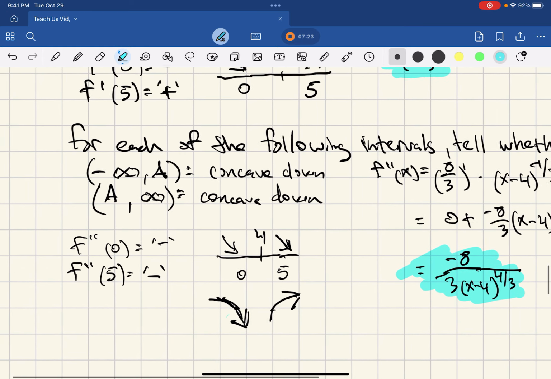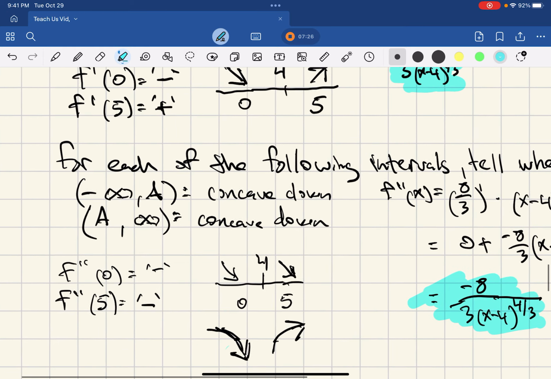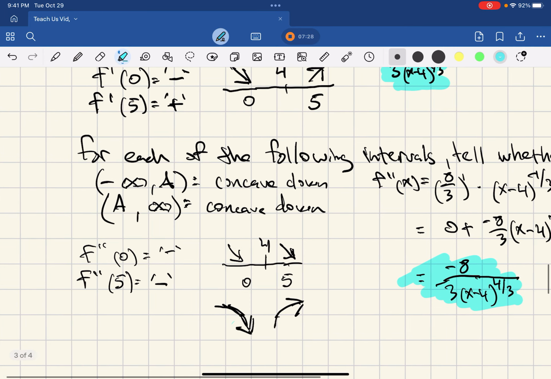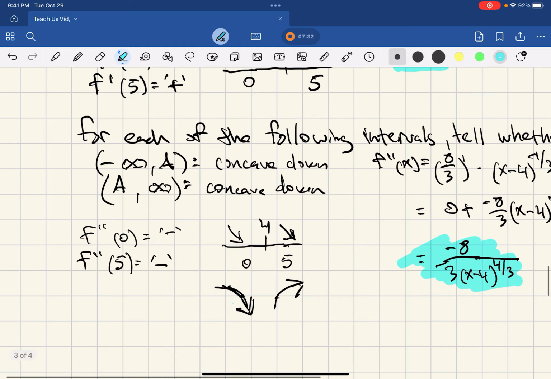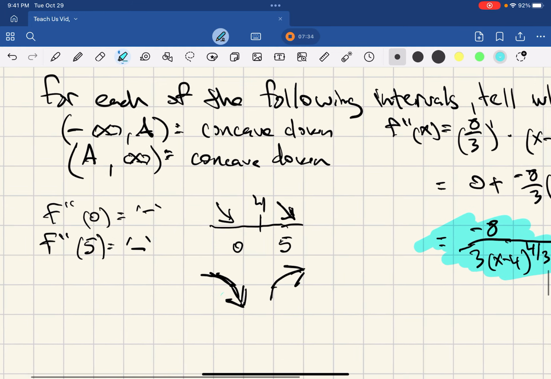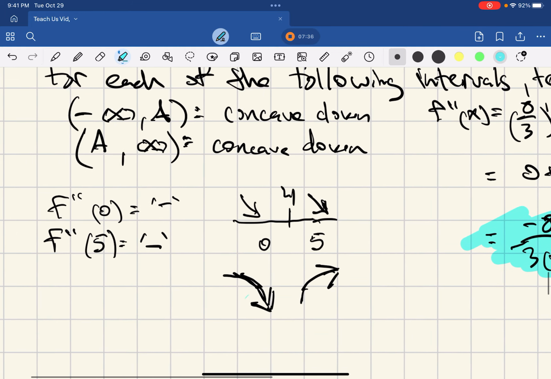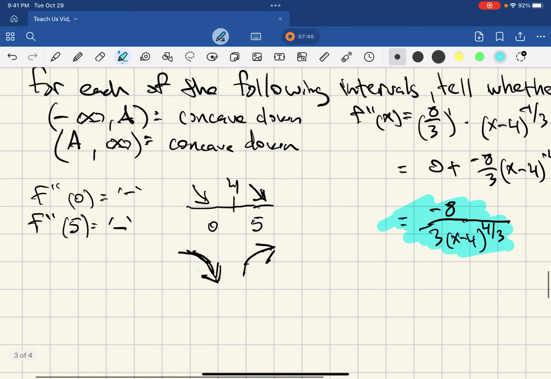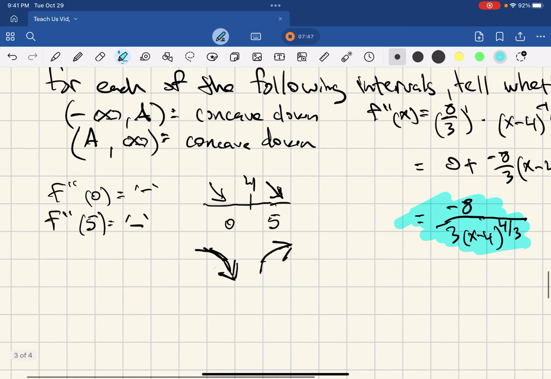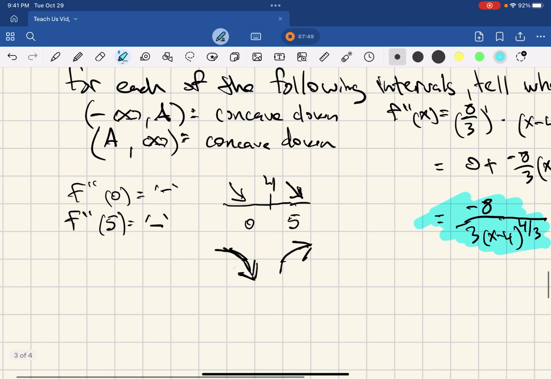We take the same number line we did, with 4 as our critical point in the center, and we pick two values. I chose the exact same values, 0 and 5. I plugged in 0 into the second derivative, f double prime of 0, and I get a negative value.